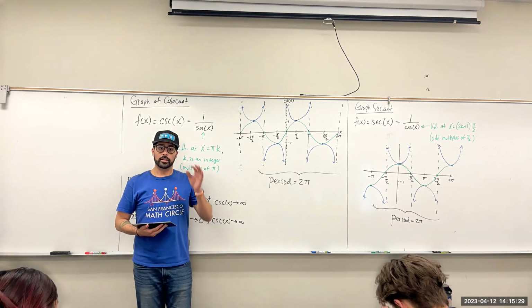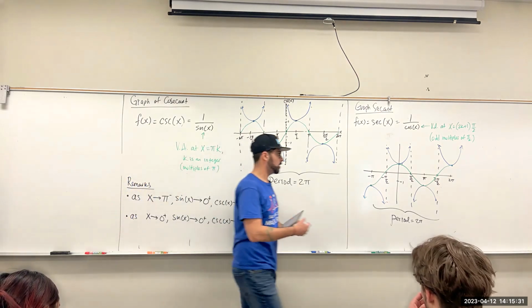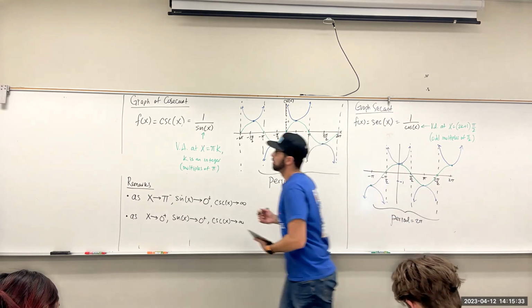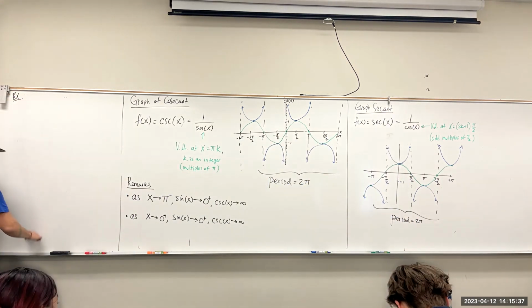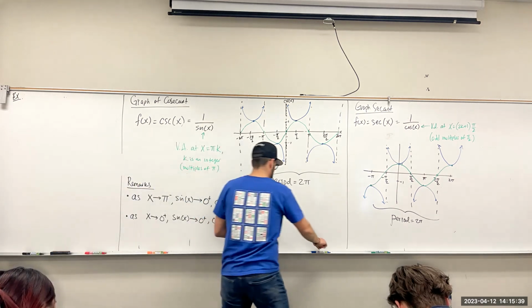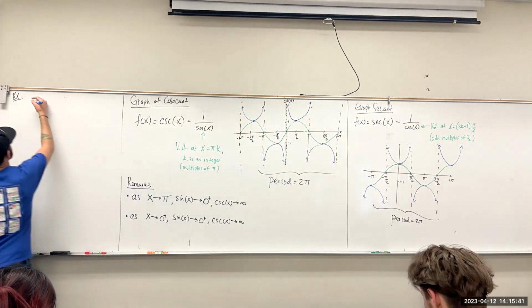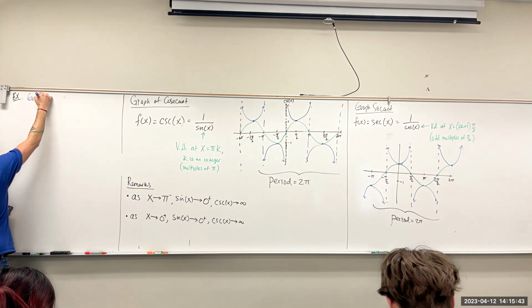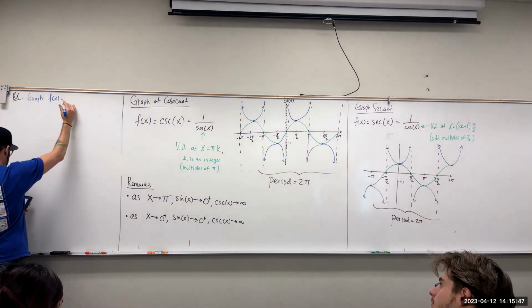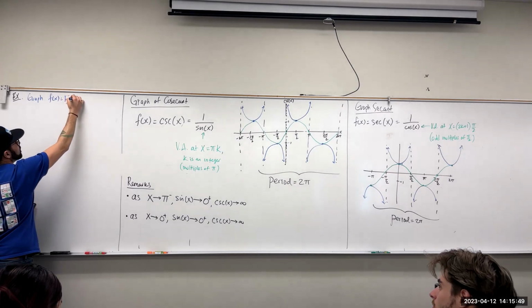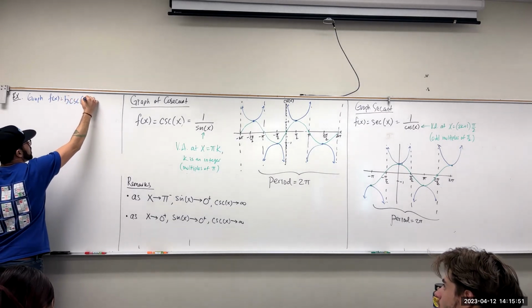Cool. All right, this next example is what you're gonna do in your homework. And then slow me down here, ask questions. It'll look something like that. It'll say graph f of x equaling 5 cosecant 2x.